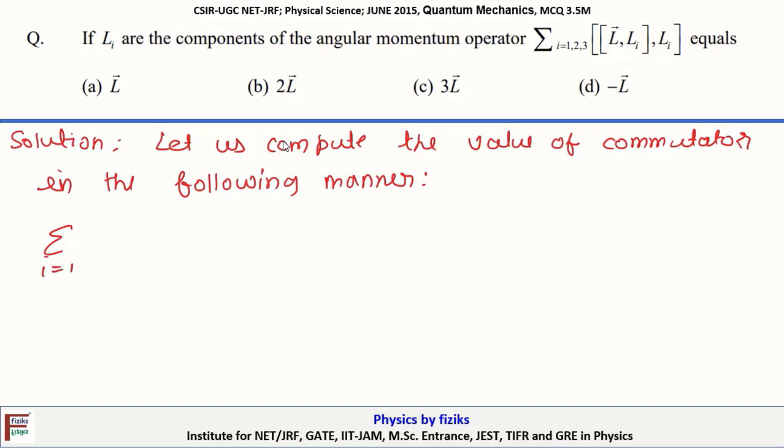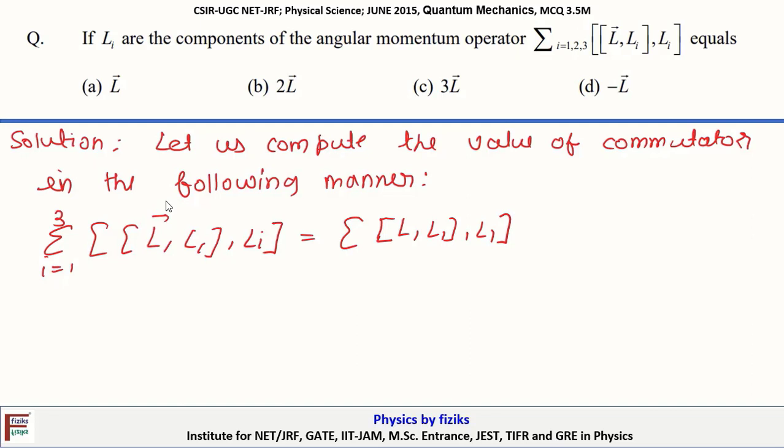Summation i equals 1 to 3 of the commutator L with Li equals commutator L with L1 i cap plus commutator L with L2 j cap plus commutator L with L3 k cap.